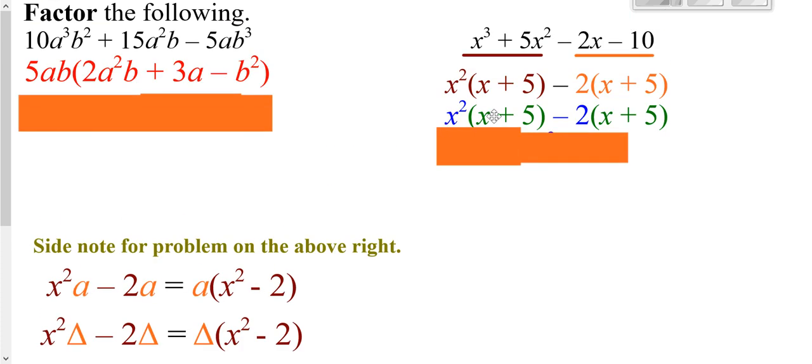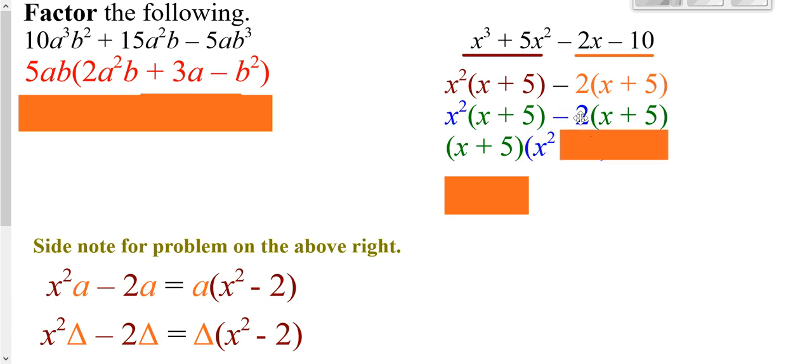We have an x squared times mumbo jumbo minus 2 times that same mumbo jumbo. So we could go ahead and pull out that mumbo jumbo. That's our common factor. Well, what's left? We're going to be left with this x squared, and this minus 2 in our other set of parentheses. So that's factoring by grouping.